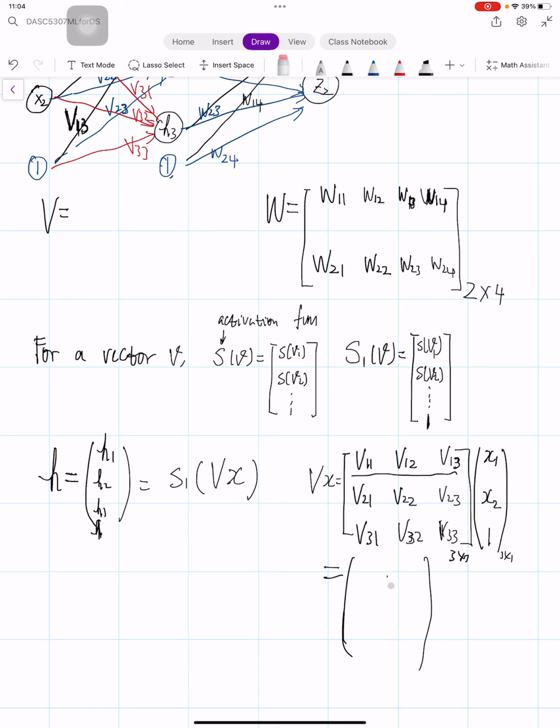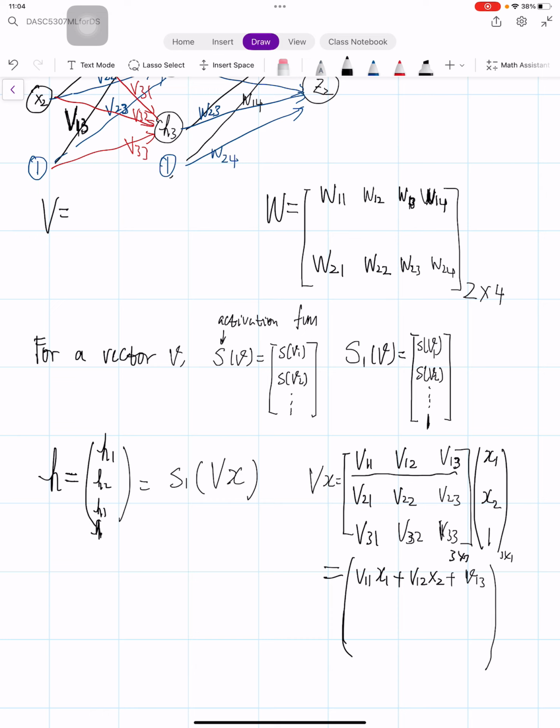Maybe let's not use math notation that might confuse you. You can just say it's v11 x1 plus v12 x2 plus v13, the constant intercept term.